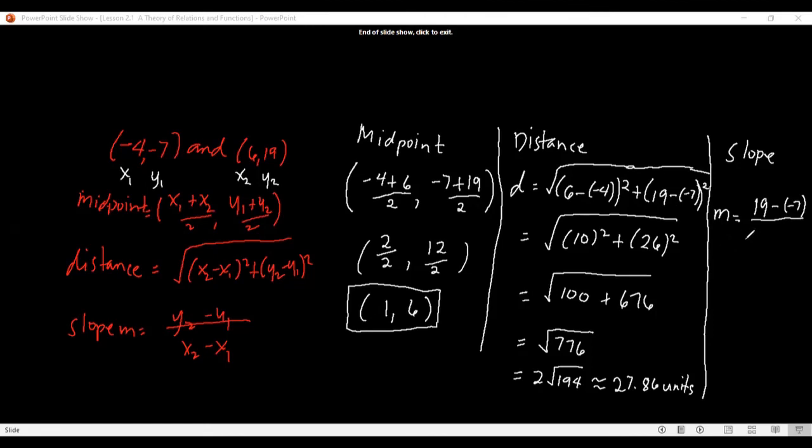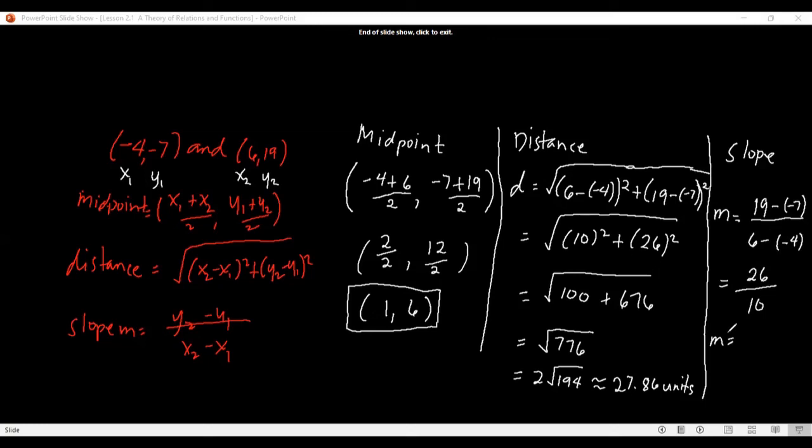Then, denominator natin ay x sub 2, 6, minus negative 4, yung x sub 1. And therefore, we have 19 minus negative 7, and that is 26, over 6 minus negative 4, and that is 10. So, ang slope natin ay 26 divided by 10.